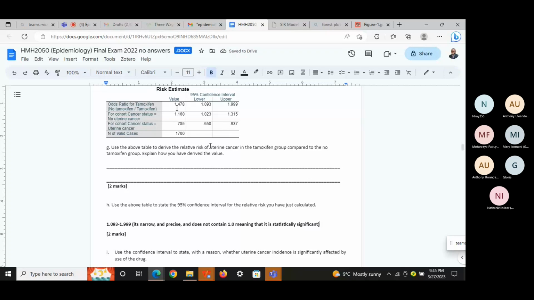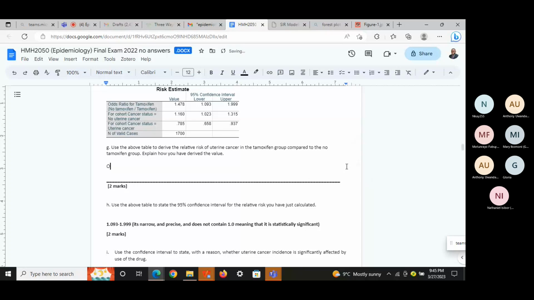So they said now explain. Use the data to derive the relative risks. We have already done that. Explain how you derive the value. We have already done that. Let me explain the odds ratio here.